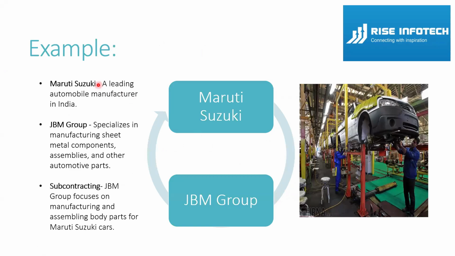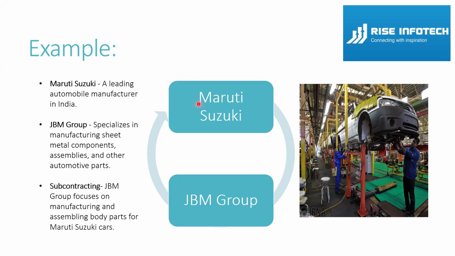Maruti Suzuki is one of the leading automobile manufacturers in India, and I think very few know the JBM Group. Maruti Suzuki mainly manufactures cars and delivers them to the end user. But not every activity is conducted by Maruti Suzuki. They outsource some activities to their vendors in order to get raw material to a finished product.